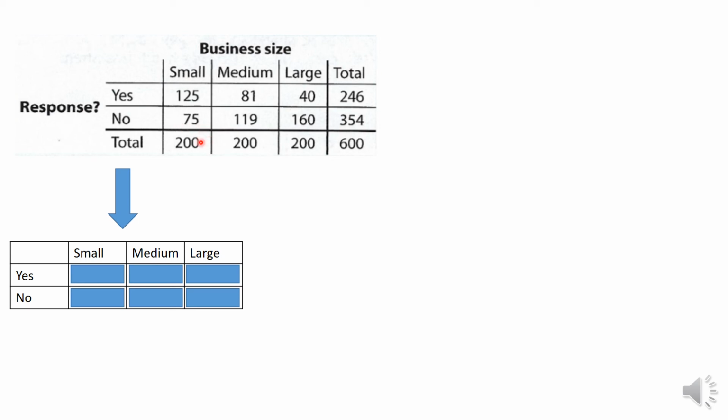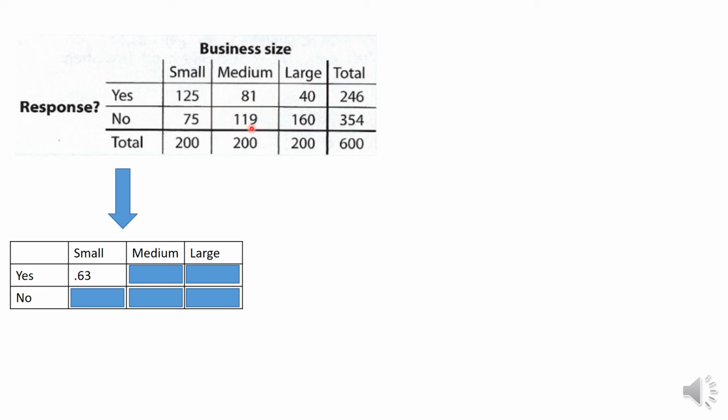All right, and so what's going to be the proportion of small businesses that did respond to the questionnaire? Well, that's going to be 125 divided by 200, or 0.63 when rounding. What about what proportion of medium-sized businesses did not respond to the questionnaire?